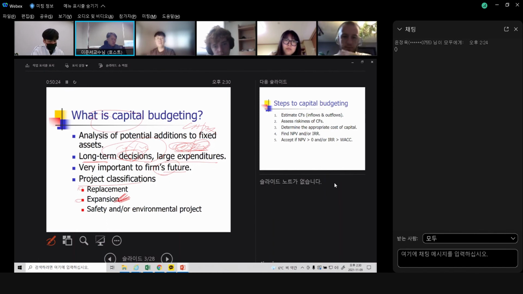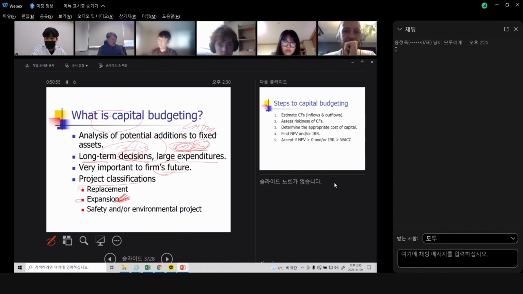If the current existing production facility is worn out or damaged, then we should replace it, right? So that decision is okay. We need to replace it. That's the first type of replacement capital budgeting problem.